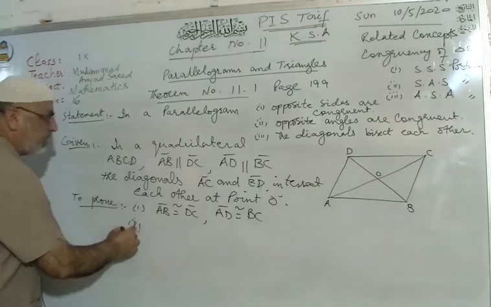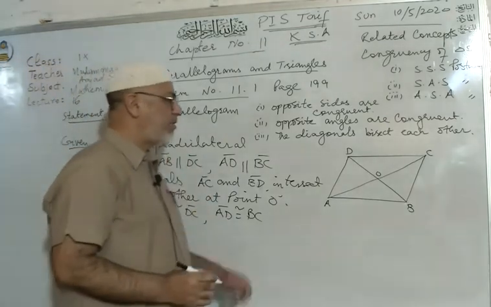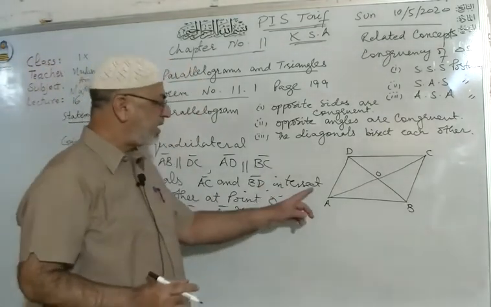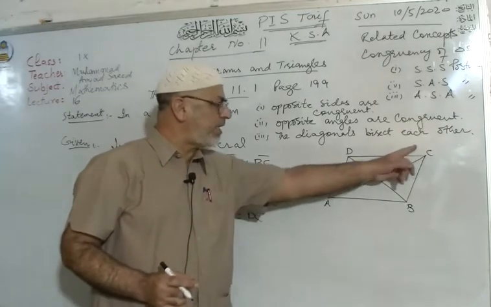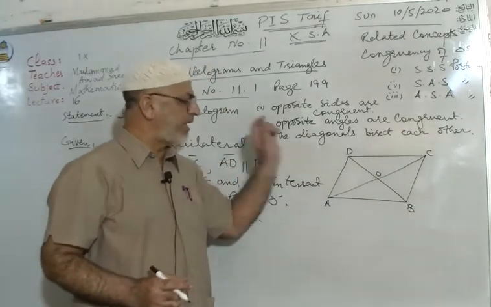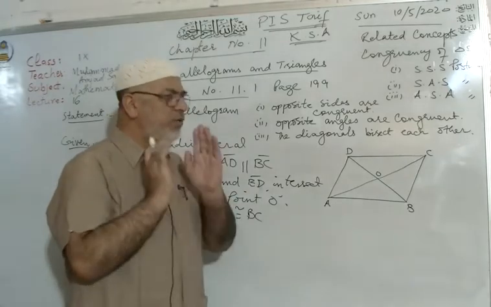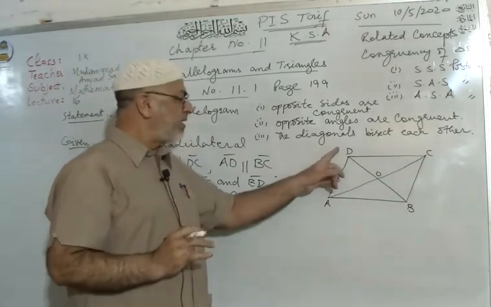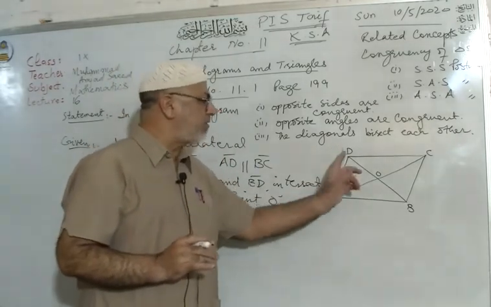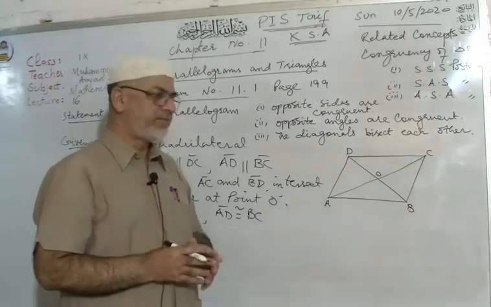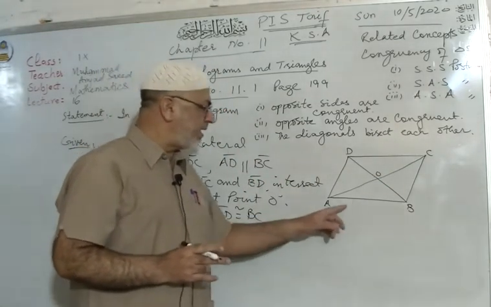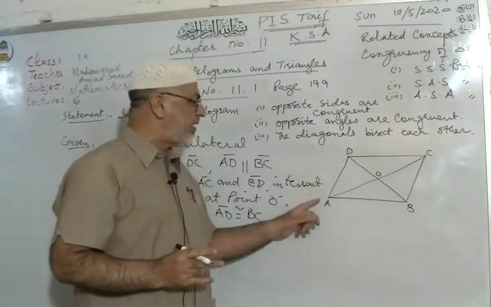Number 2, opposite angles are congruent. Opposite angles are A is congruent to C and B is congruent to D. Or you can say otherwise, angle DAB is congruent to angle DCB. Similarly, angle ABC is congruent to angle ADC.